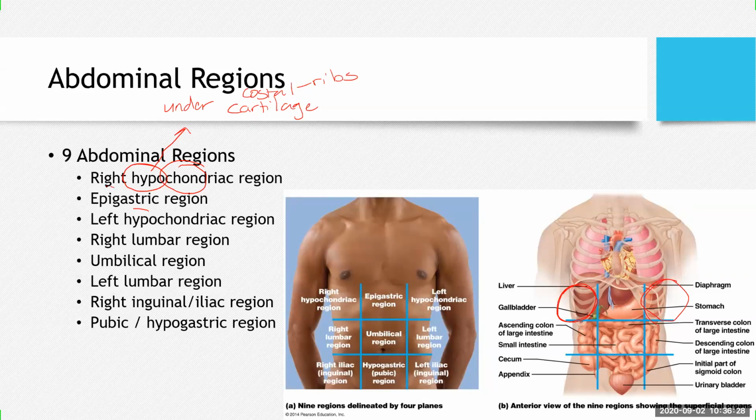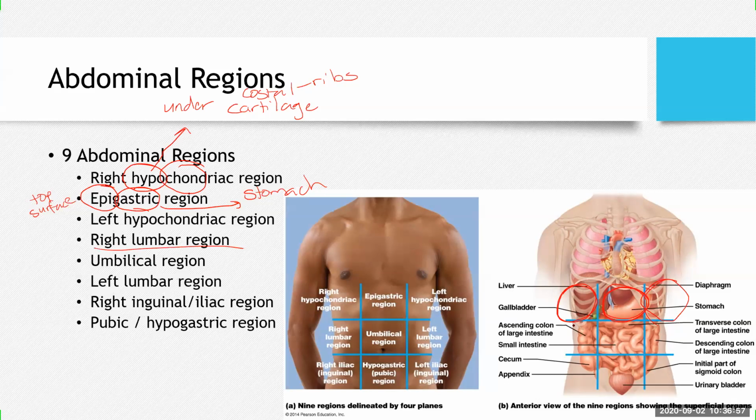Epi, do you remember what epi means? Yeah, above or on top or on the surface. Do you remember what gastric means? Yeah, this is going to be the stomach. So this is on the surface, above the stomach here. Okay, good.